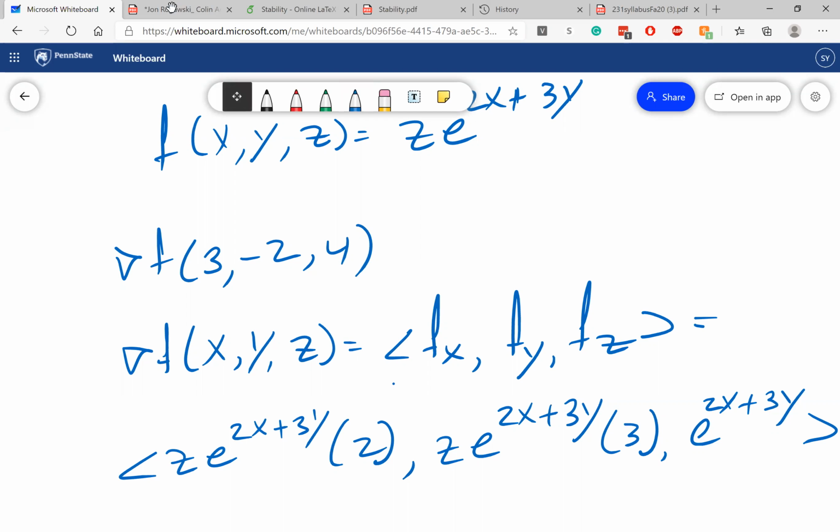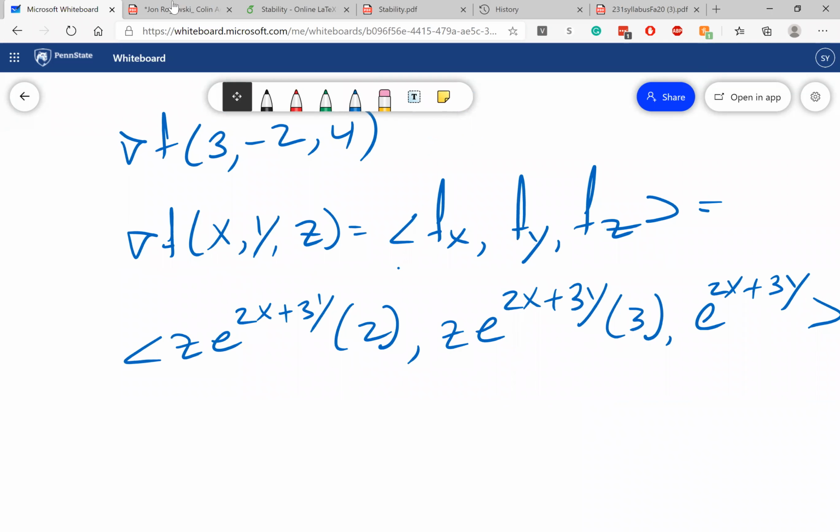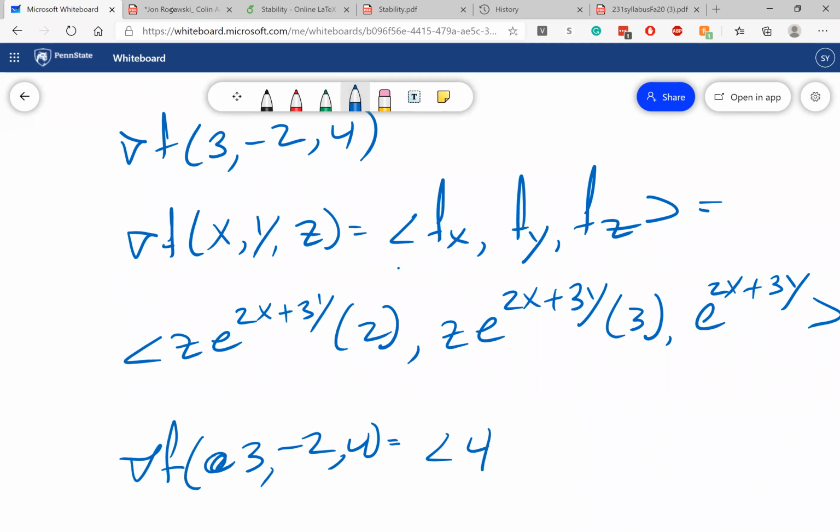Now we can plug in the point 3, negative 2, and 4. So the gradient of f at 3, negative 2, and 4 is going to be equal to 4 e to the 2 times 3, which is 6, plus minus 6. Okay, so 0.